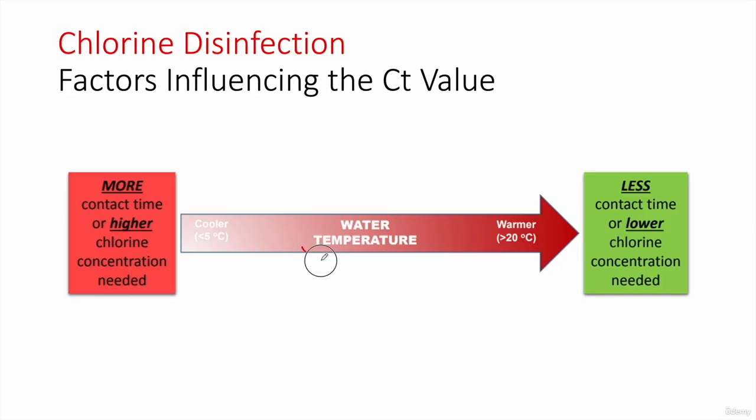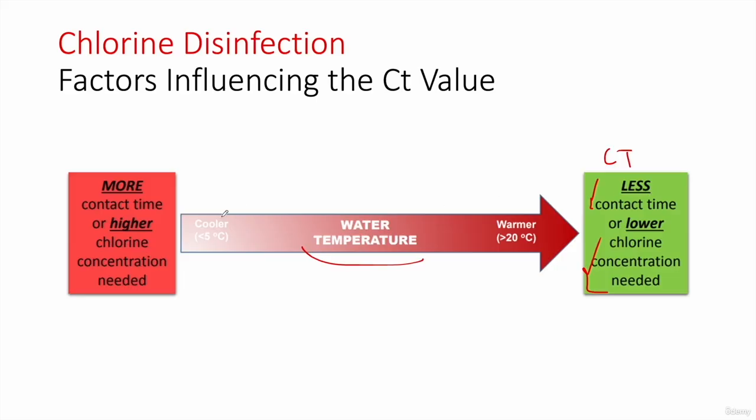Next, the water's temperature. The warmer, the better. The warmer is my water, I will need less contact time or lower chlorine concentration. So a lower CT value and therefore a smaller contact tank, thus less civil works and less costs.